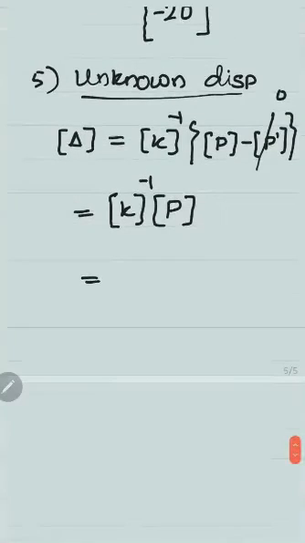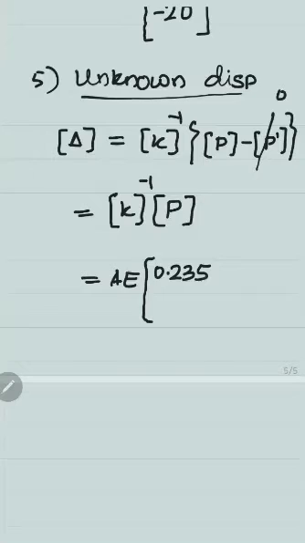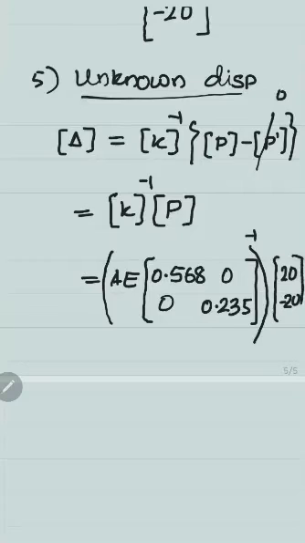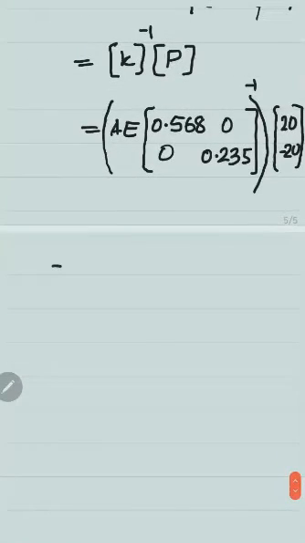So K inverse is the inverse of AE times the bracket 0.5686, 0, 0, and 0.2356, multiplied by the P matrix, plus 20, minus 20, right?